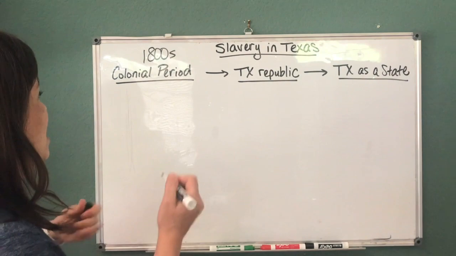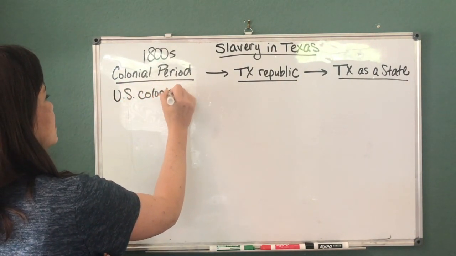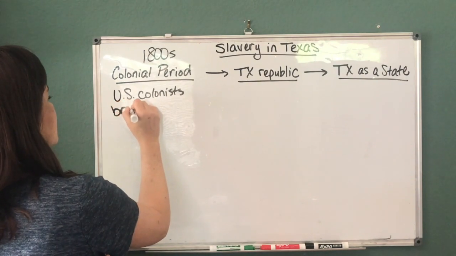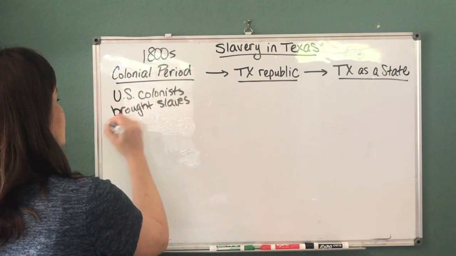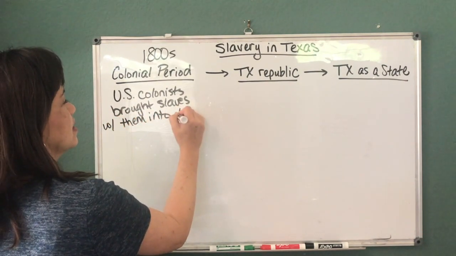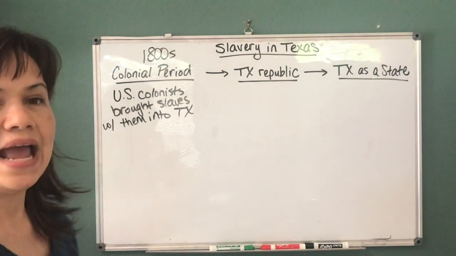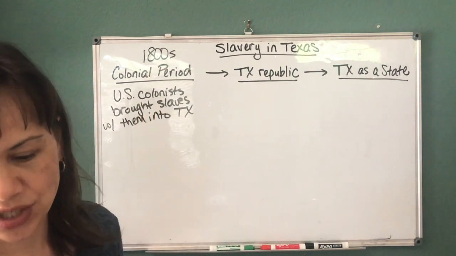And so U.S. colonists brought slaves with them into Texas. And again, it was against the law in Mexico, but they turned a blind eye to it.